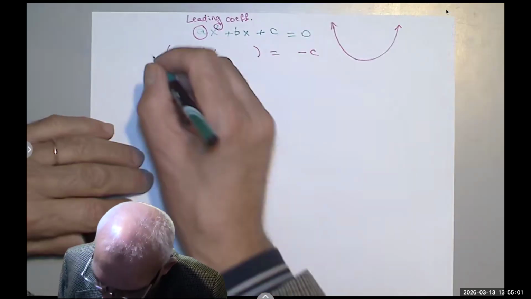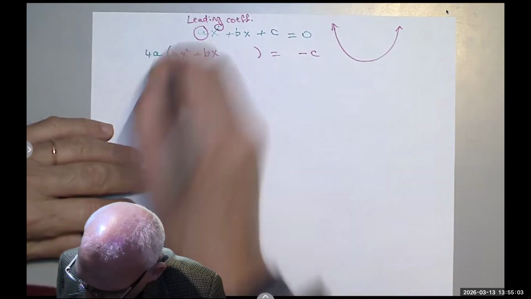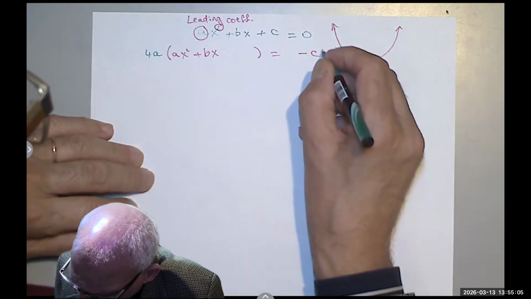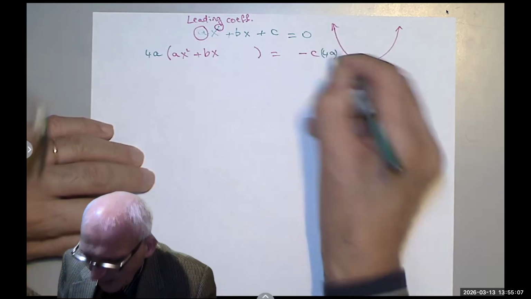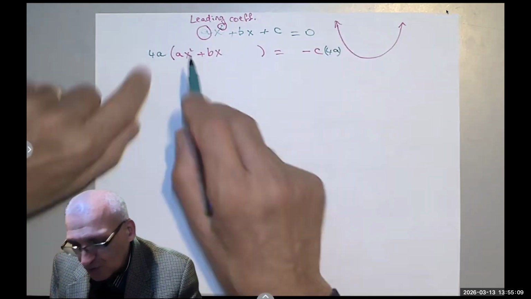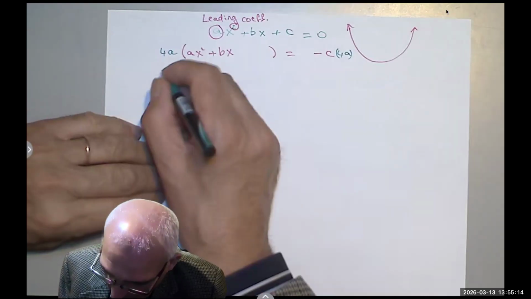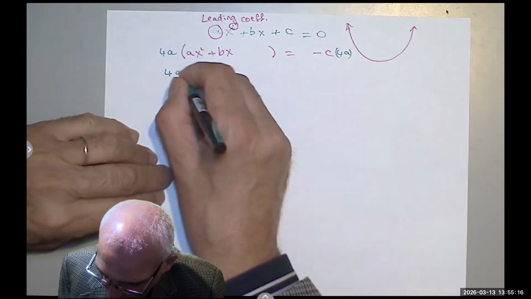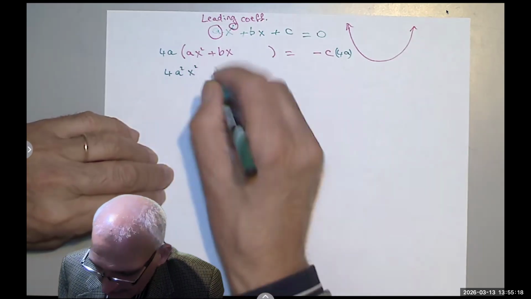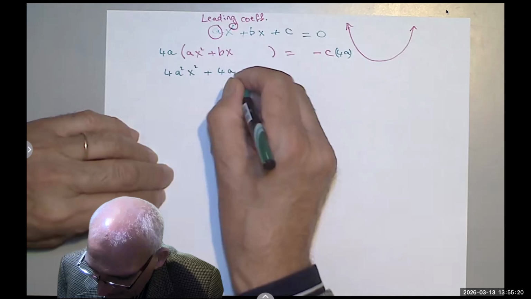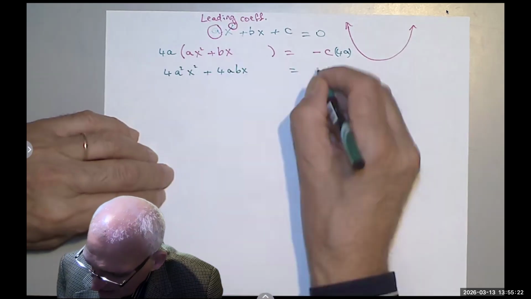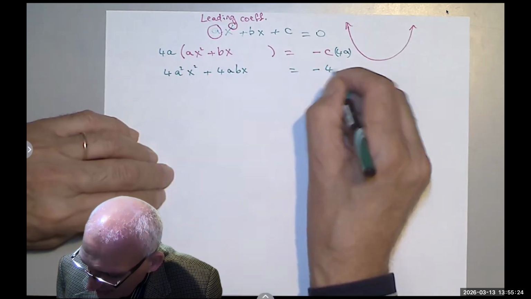I would say multiply both sides by 4a, and someone would say, why 4a? The reason is I want to make a perfect square. So notice what I have here: 4a squared x squared plus 4abx equals negative 4ac.